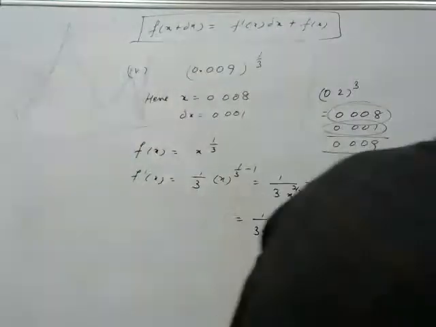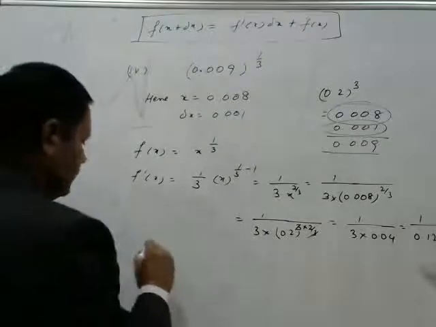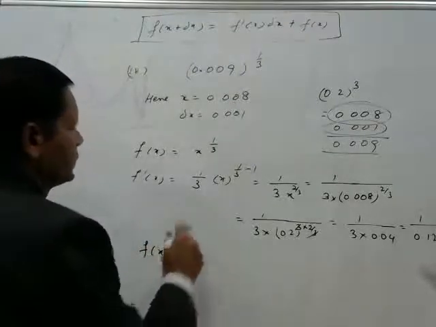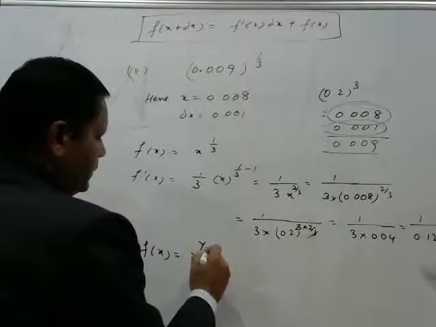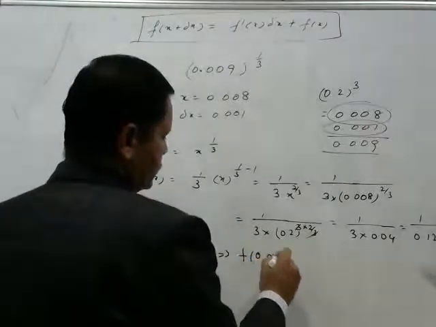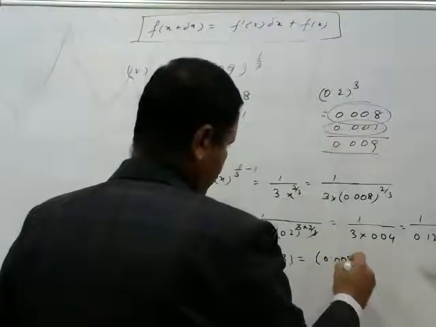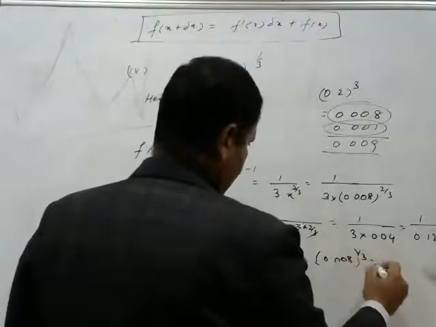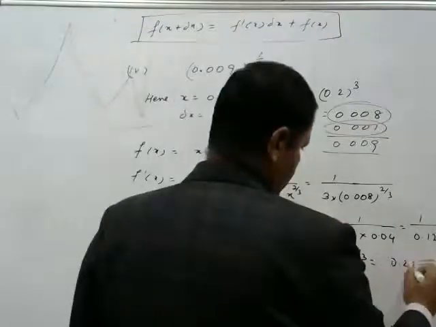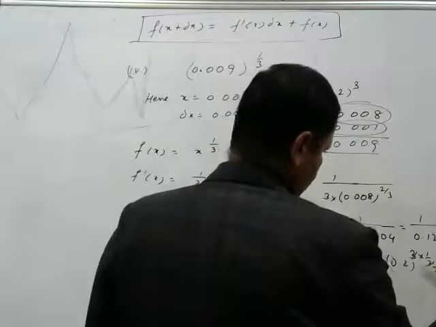Now, we will find the value of f of x. F of x is equal to x to the power 1 by 3. It implies that f of 0.008 is equal to 0.008 to the power 1 by 3, and that will give you 0.2 to the power 3 into 1 by 3, and cancel, that is 0.2.